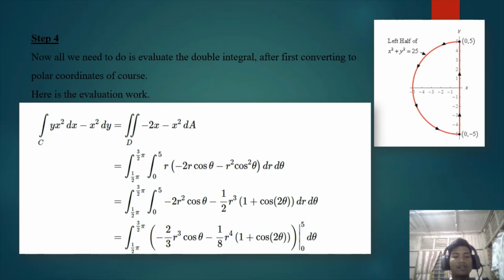So the double integral, you can see here, is negative 2r squared cos theta minus 1/2 r cubed (1 plus cos 2 theta) dr d theta. For the first integral, the integral of r, we get negative 2/3 r cubed cos theta minus 1/8 r to the power of 4 times (1 plus cos 2 theta).